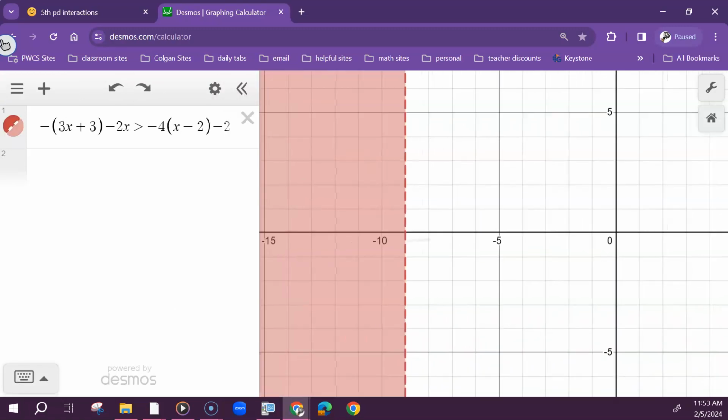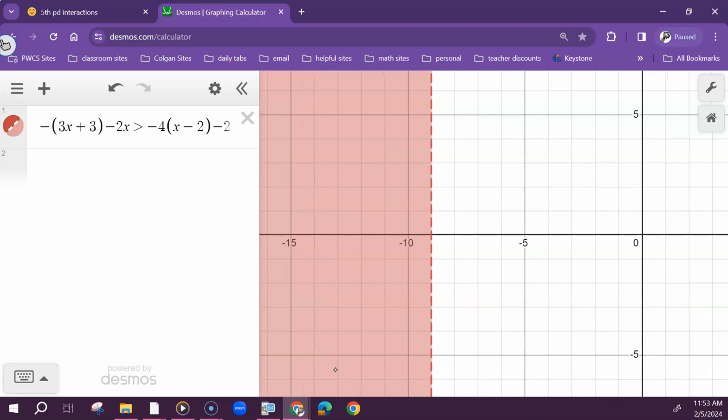When you have your inequality, solve it algebraically, but then you can put it in Desmos to double check it.